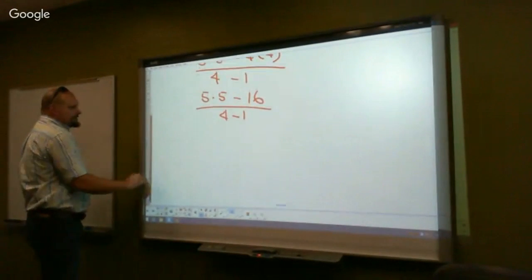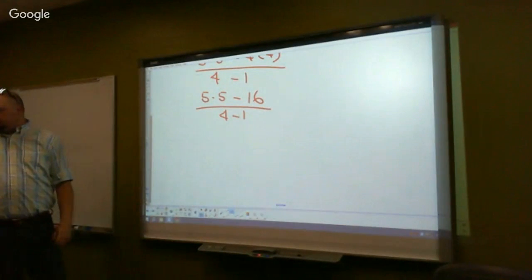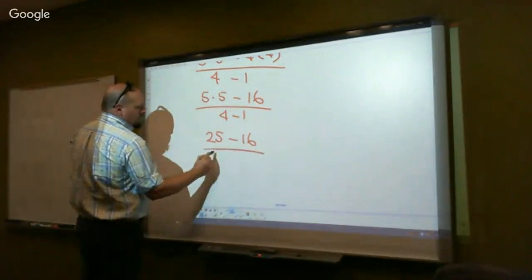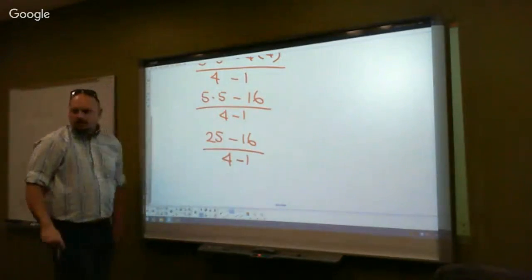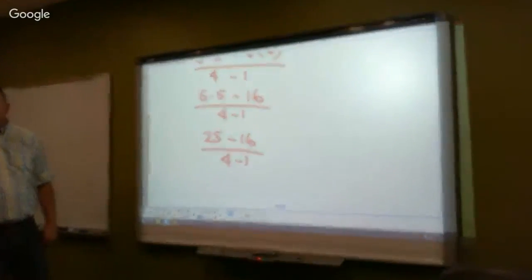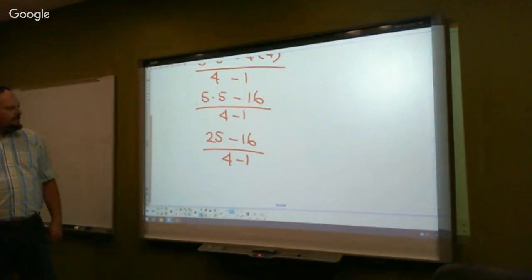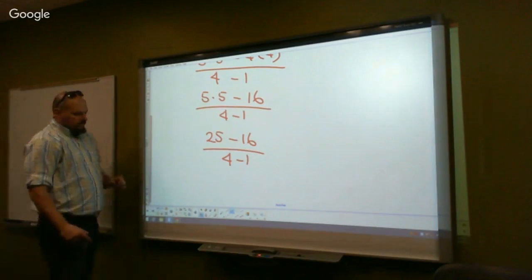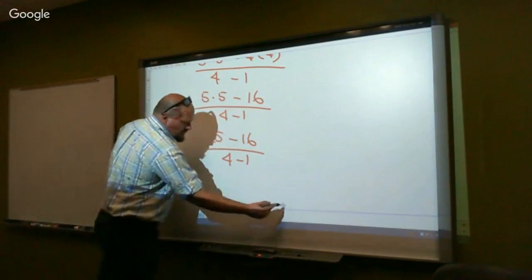Now what? 5 times 5, which is 25. 25 minus 16 over 4 minus 1. Yep. Now what? 25. Okay. What's 25 minus 16? 9.